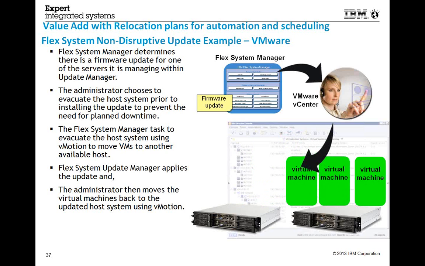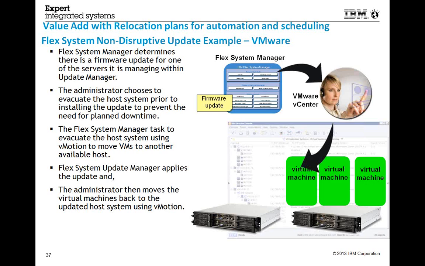So what happens is that the system admin chooses to vacate the host system prior to installing the update to prevent the need for a planned downtime. So you do a vMotion and you move the VMs. Once the FSM knows that the VMs have been moved using vMotion, then it knows that there are no more VMs in there and it can shut it down.